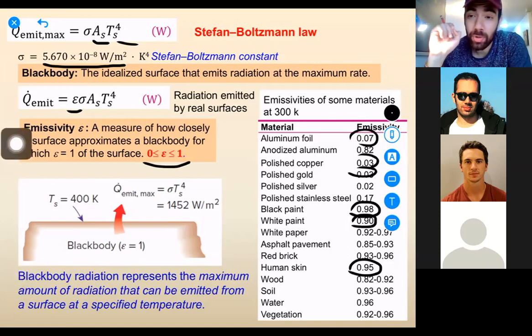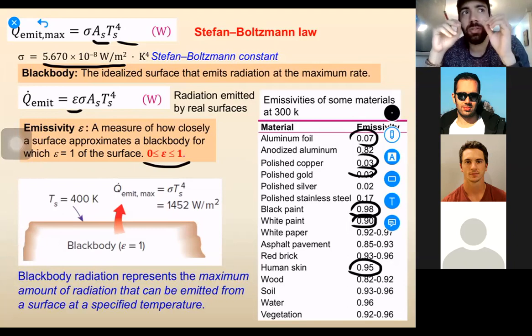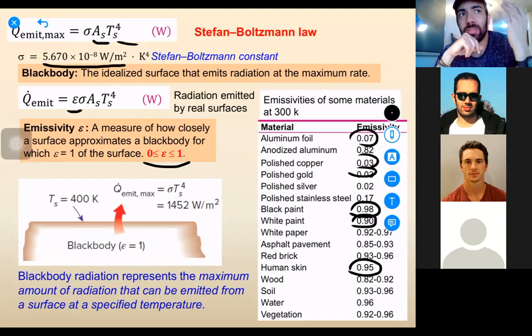A very important thing to look at here is the Blackbody term. When you are seeing the Blackbody term, you shouldn't think it means a surface with a black color. That is not the meaning of Blackbody. Blackbody is the surface or the body that has the highest level of absorption and the highest level of emission, as I told you.